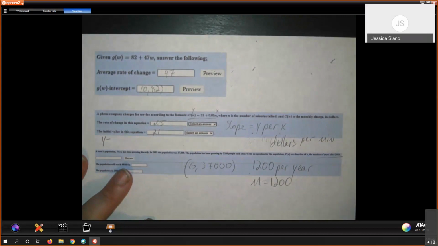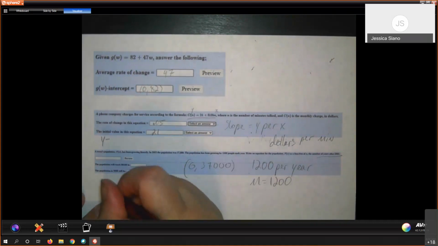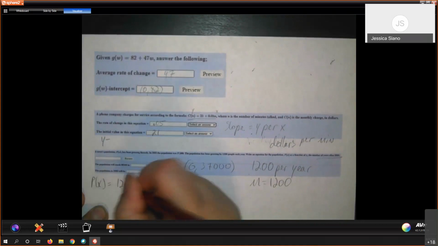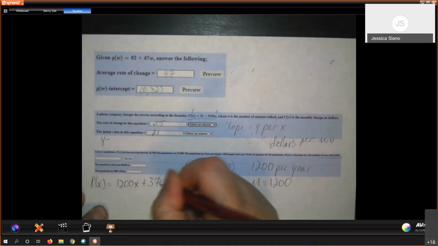So since they say after 2003, then that means 2003 is where I'm starting from. That makes my y-intercept 37,000 and my slope 1,200. I was just checking to make sure that it didn't say like in thousands. It doesn't. So then my equation would be P of x equals 1,200x plus 37,000.